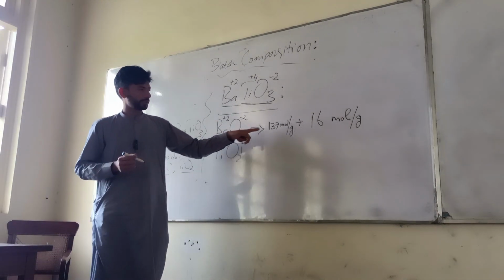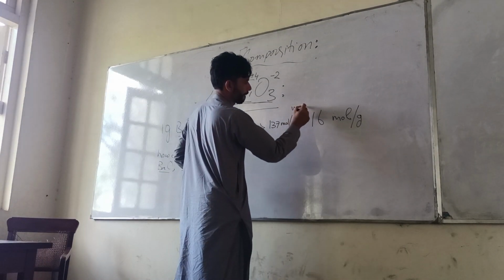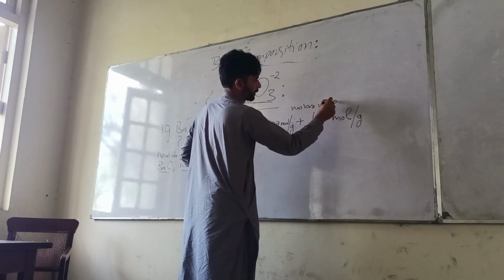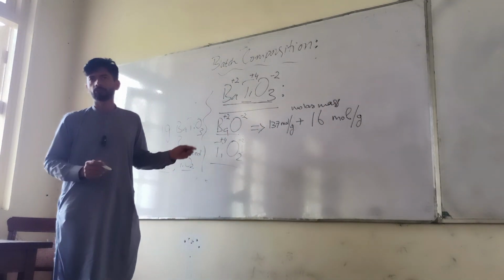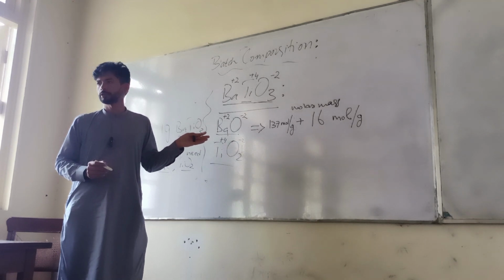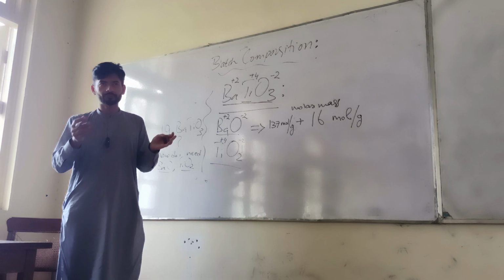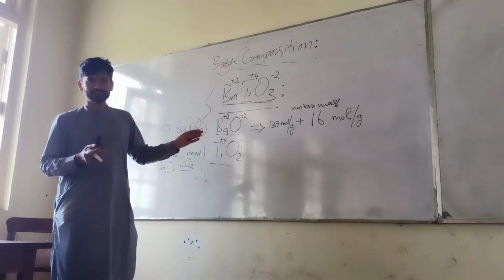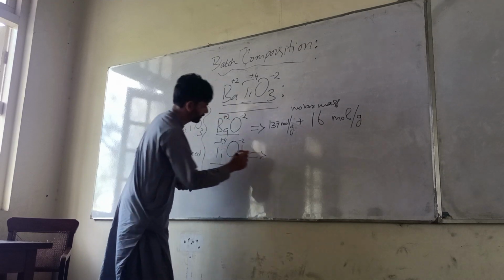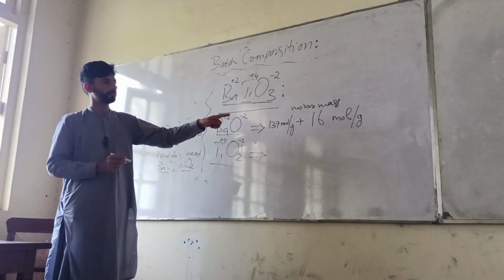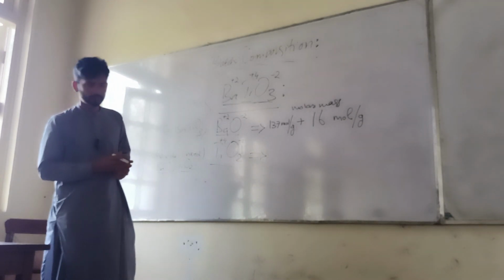So first, we calculate the molar masses of these oxides, because those are our ingredients. Those are our onions, chilies, garlic, while cooking some kind of dish. And for this one, what should be the molar mass of titanium? 47.